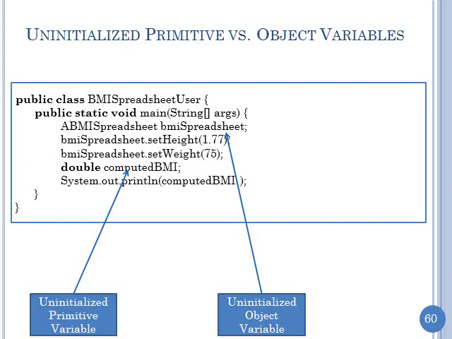Now, can you use one model to describe what's going to happen in both cases, or is there going to be something different in the two cases? One is going to be an issue and one is not going to be an issue. You won't at least get a runtime error.